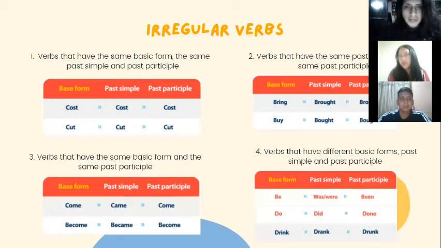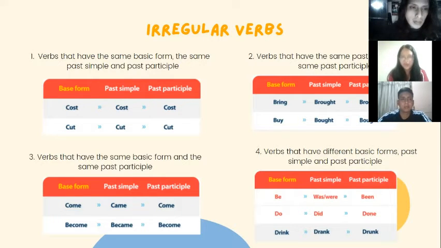Irregular verbs. Number 1, verbs that have the same base form, the same past simple and past participle. For example, base form cost, past simple cost, and past participle cost. Number 2, verbs that have the same past simple and the same past participle. For example, base form bring, past simple brought, past participle brought.